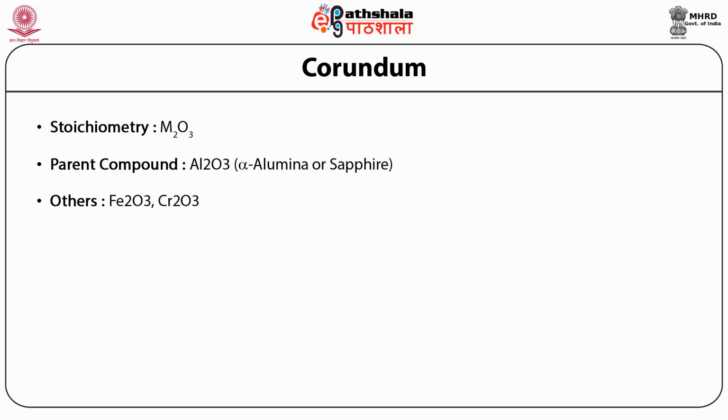Some of the other examples for the corundum structures are Cr2O3, that is chromium oxide, and Fe2O3, that is iron oxide. The anions present in the structure form an HCP lattice, where 2/3 of the octahedral voids are occupied by the cations to maintain the stoichiometry of the complete structure.